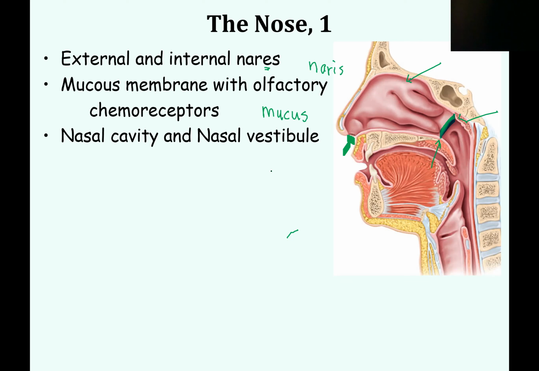Okay, then we have the nasal cavity and the nasal vestibule. The nasal vestibule is this entryway to the nasal cavity. The nasal cavity is all of the space in the nose, both sides.